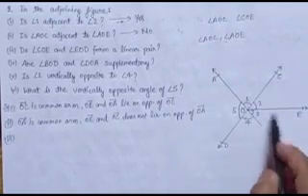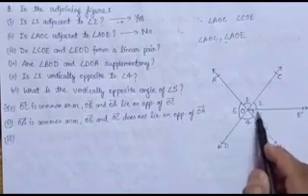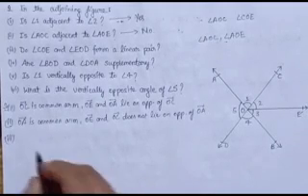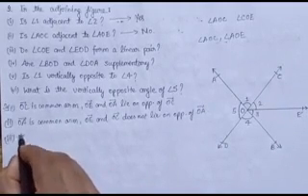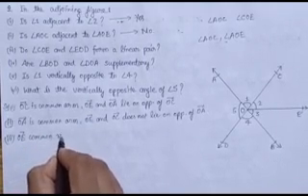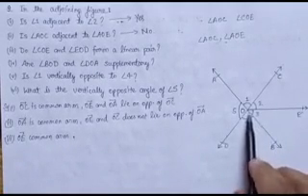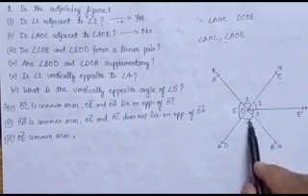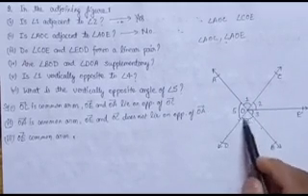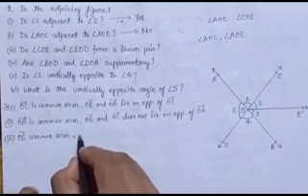For angle COE and EOD, you can see that there is a common arm, OE, and the non-common arms are OC and OD, which form two opposite rays.